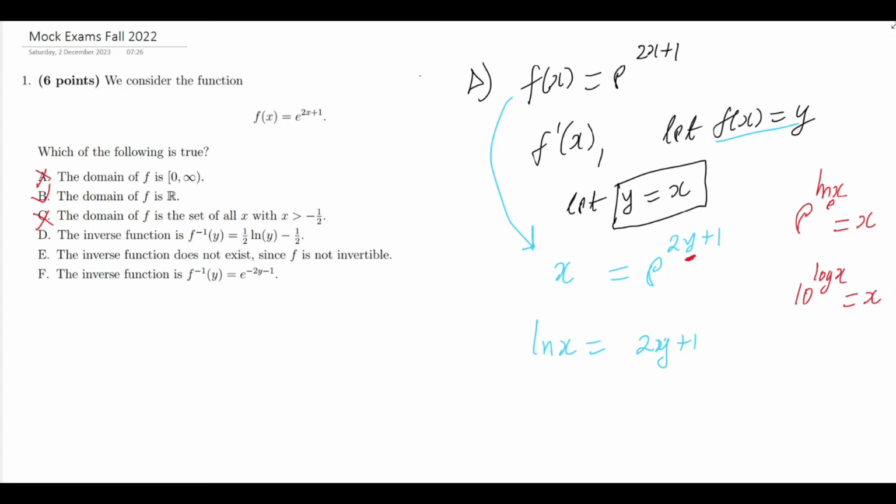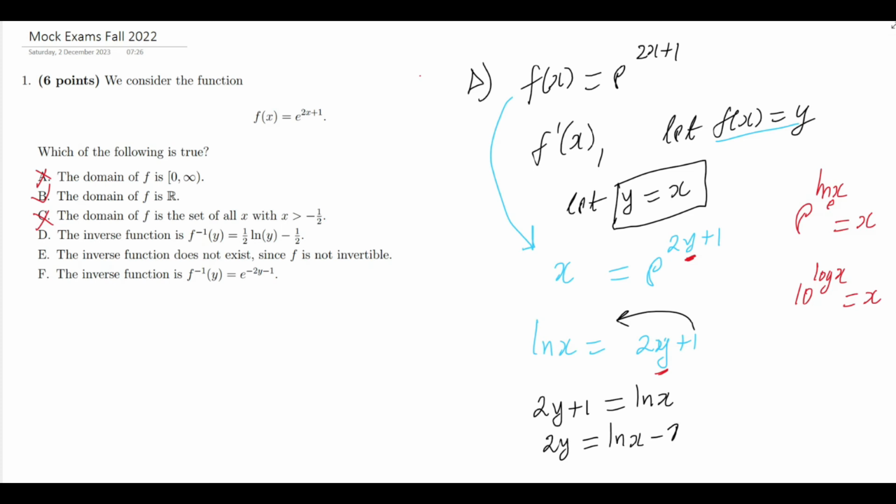So we have this, right? Then we need to make y the subject, which is our point of interest. To make y the subject, we are simply going to send 1 the other way and divide all through by 2. We can rewrite this as 2y plus 1 equals the ln of x, just for clarity. So 2y will be the ln of x minus 1.